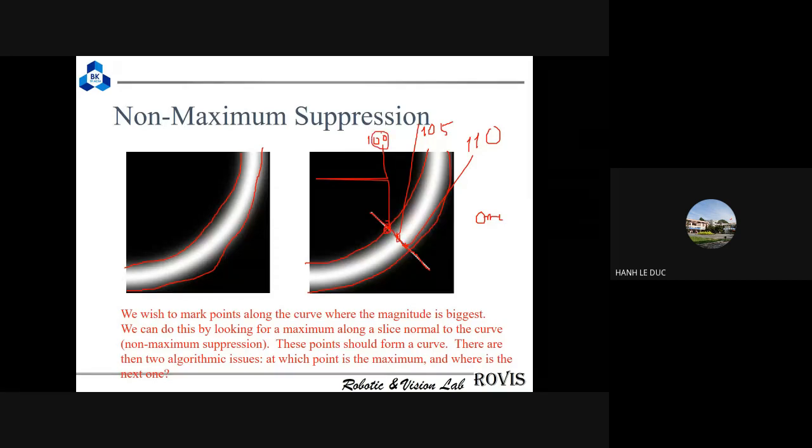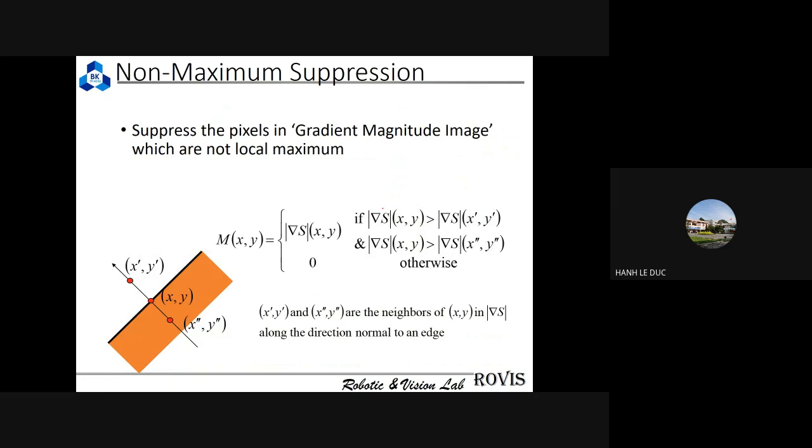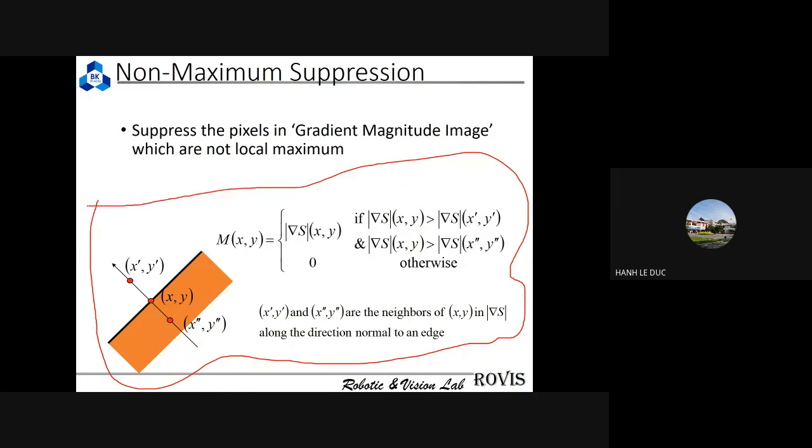This one becomes 0 and 0, and this one becomes 110. So this is the non-maximal suppression. This is the procedure, and this is the equation. Later I will give you an example to make it clearer.